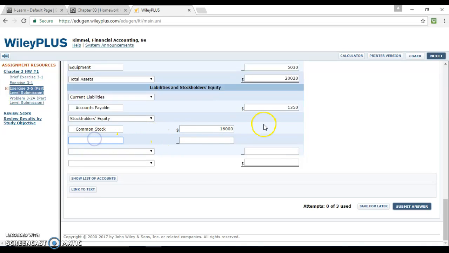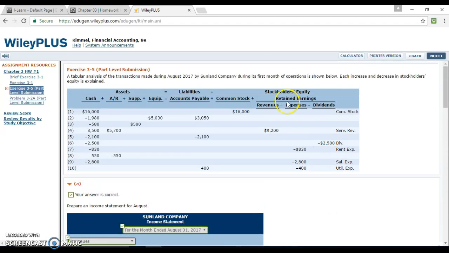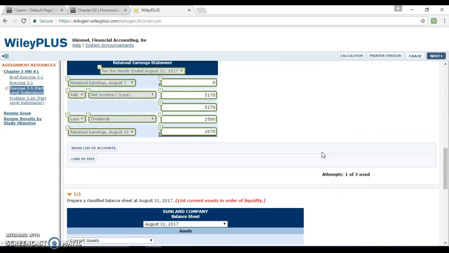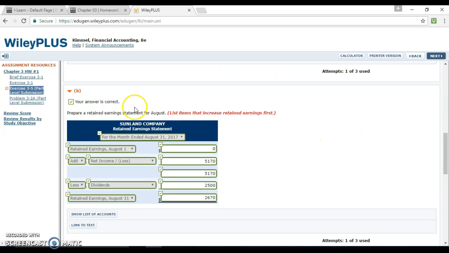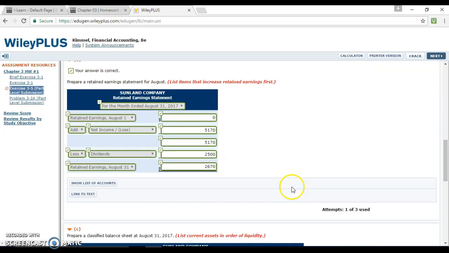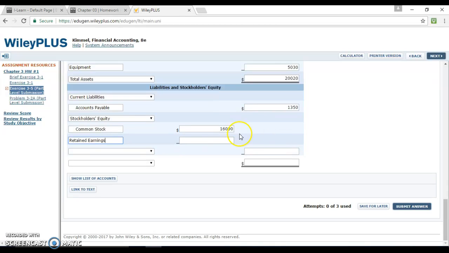The next thing we've got would be the retained earnings, which we can either calculate from up here, or the easier solution would be to go from your retained earnings statement. So your retained earnings as of August 31st is 2,670. So we'll go ahead and do 2,670 there.